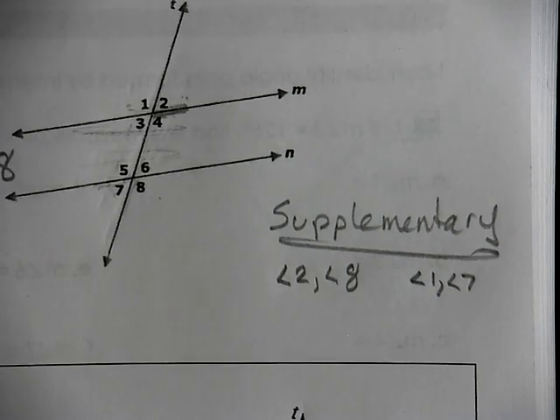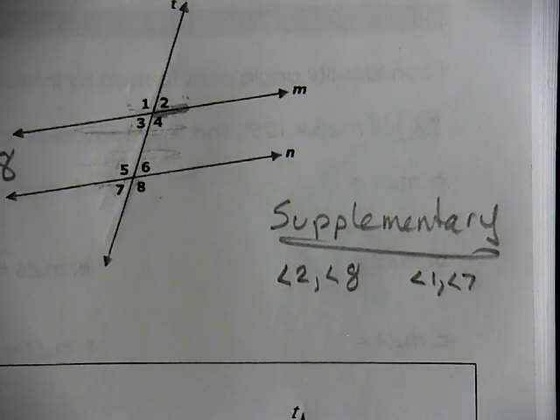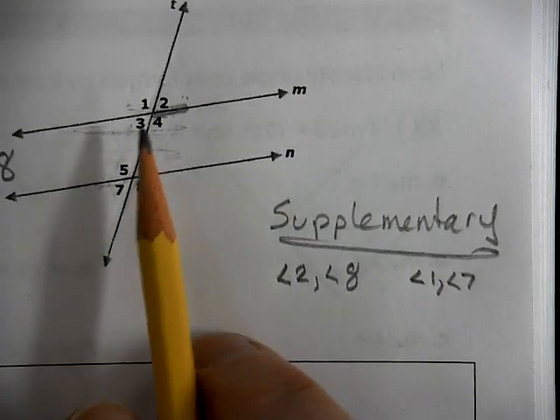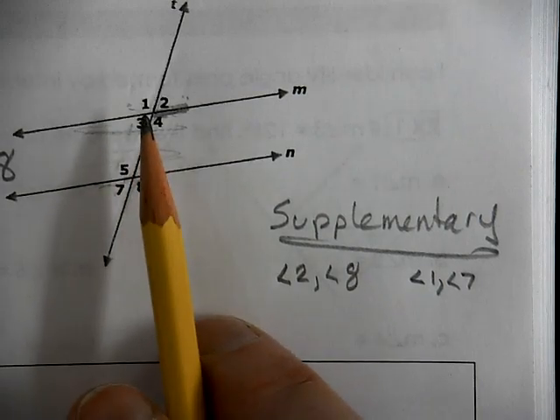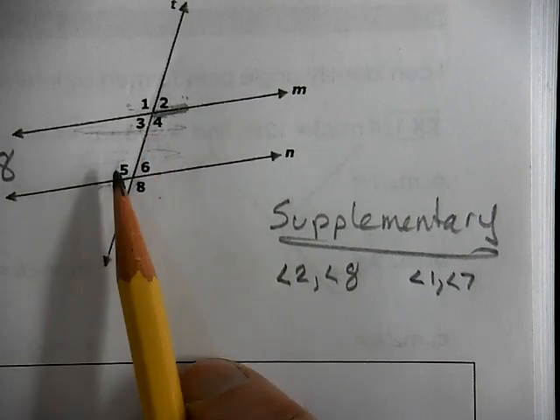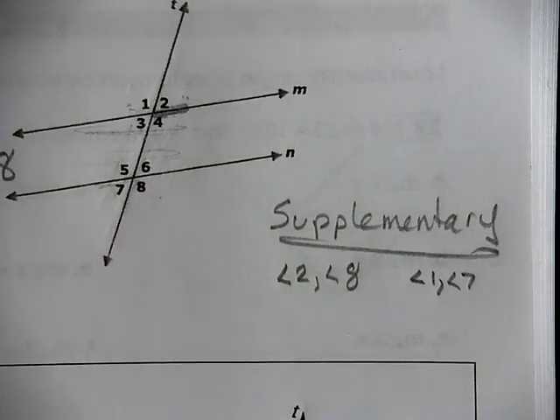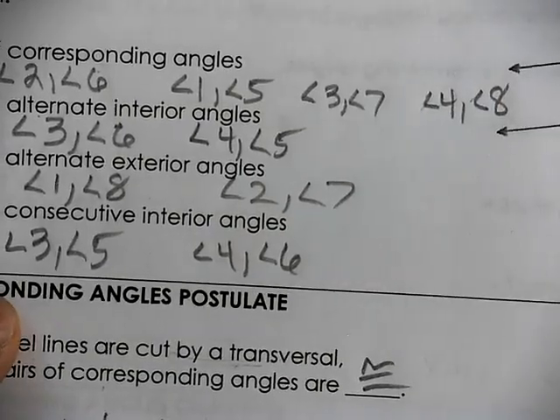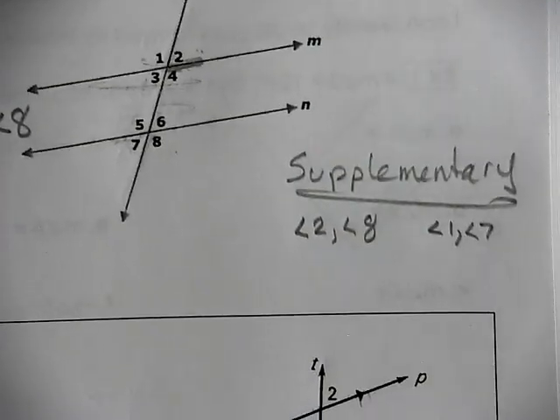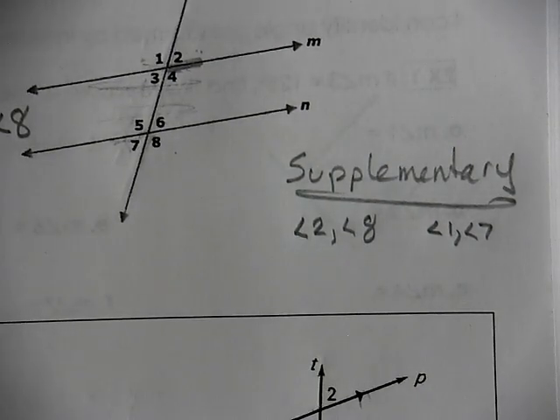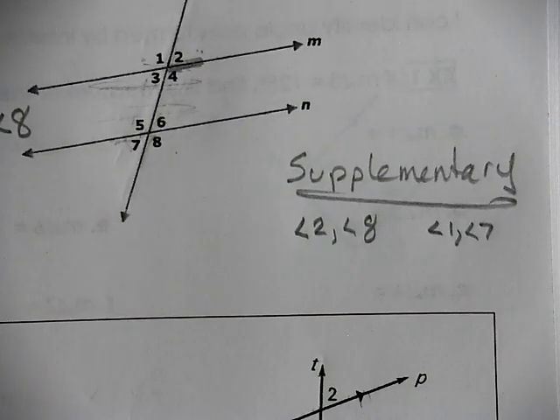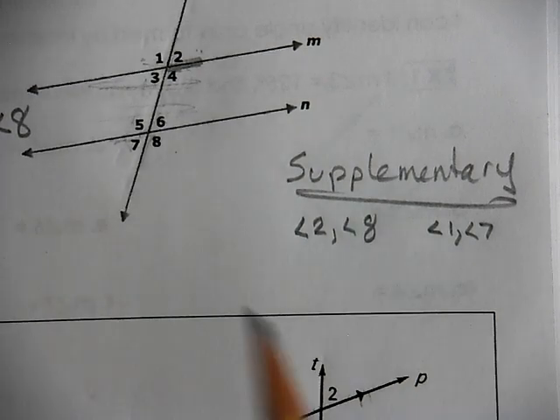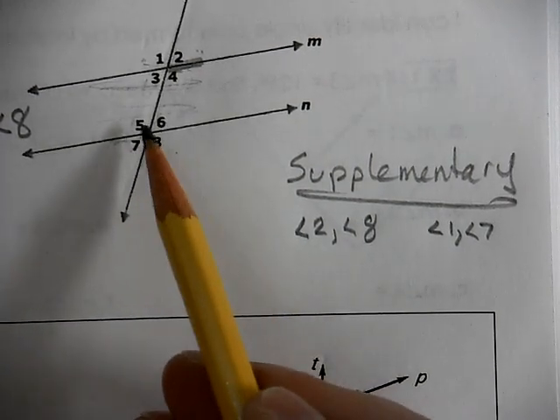What's another pair of supplementary angles? 3 and 5, definitely 3 and 5. Those are considered consecutive interiors. So they're part of the names that we've already identified. But what about ones we haven't named? 5 and 6, that's a linear pair.